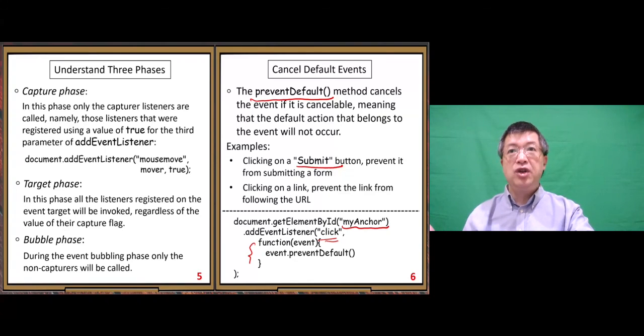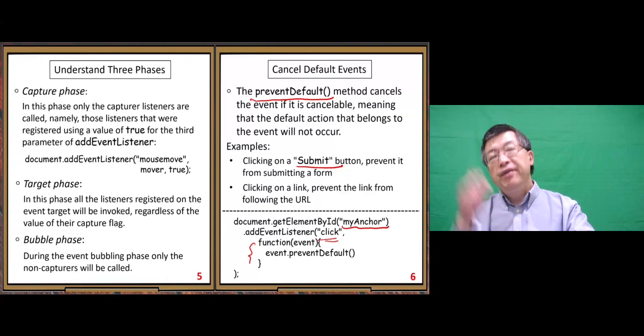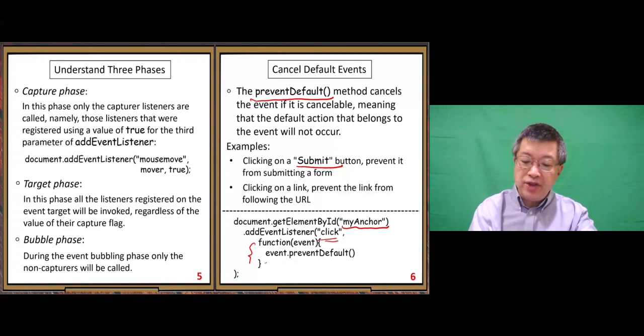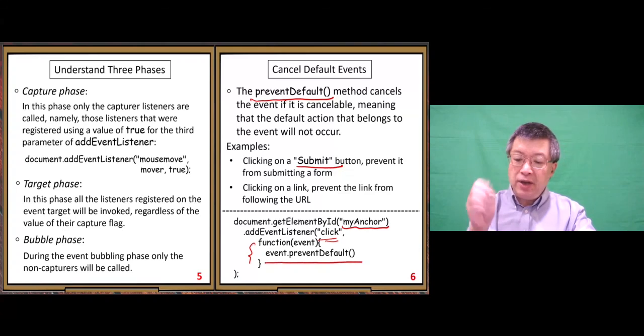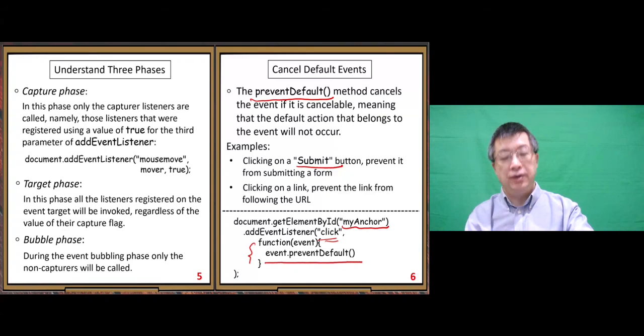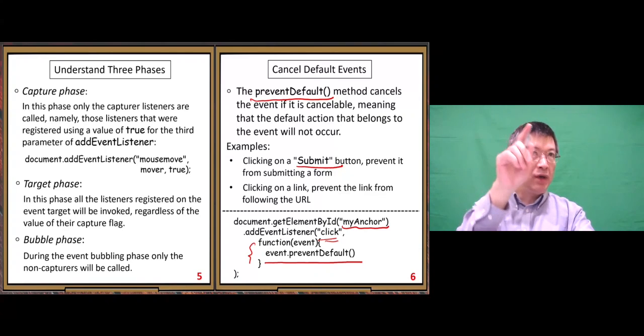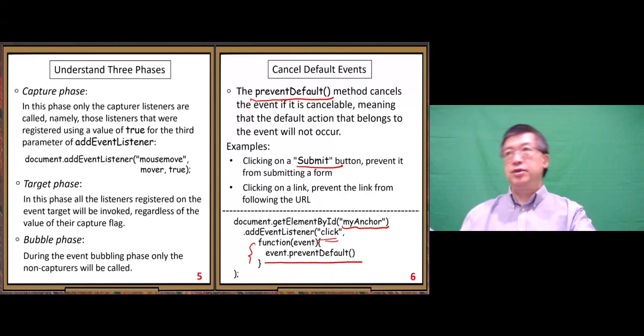We just put in a definition of the function. In this anonymous function, we write this line: we call the preventDefault method on the event object. In this way, we stop that default action. So when you click it, nothing happens.